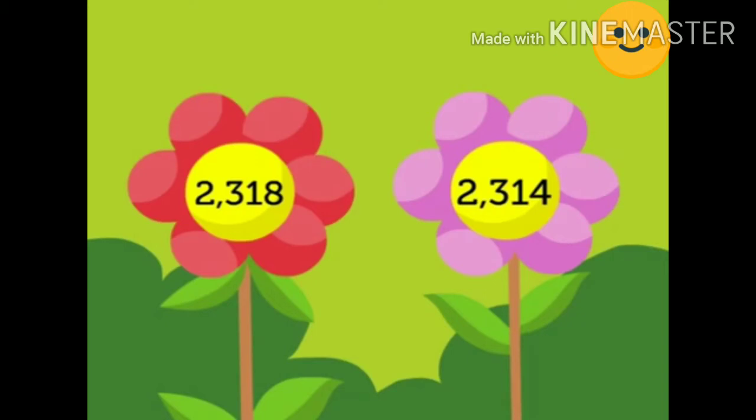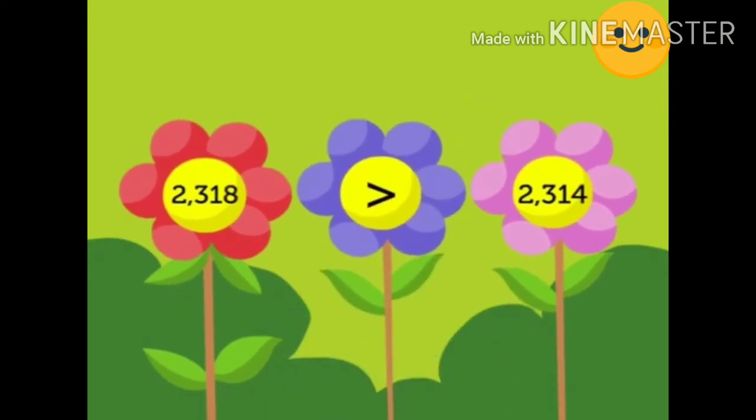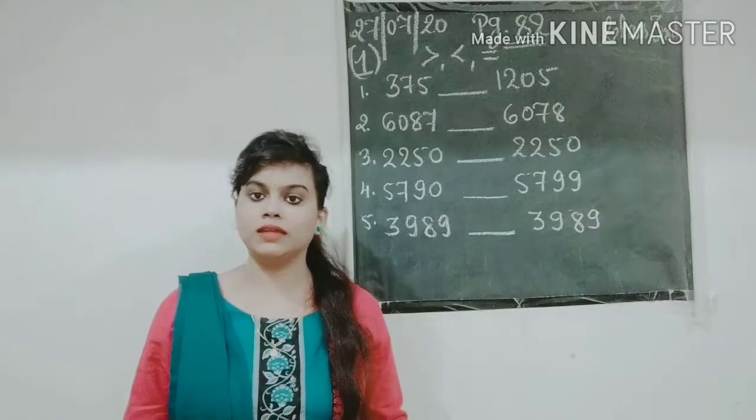Both have 1 in the tens place. So now we compare the digits in the ones place, that is 8 and 4. Here, 8 is greater than 4. Thus we say 2318 is greater than 2314.